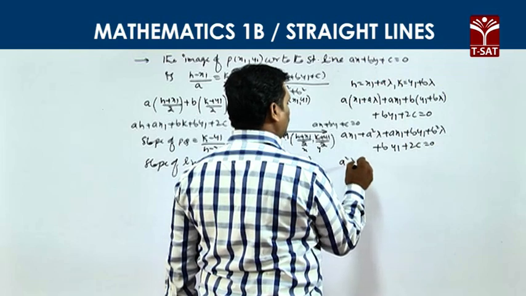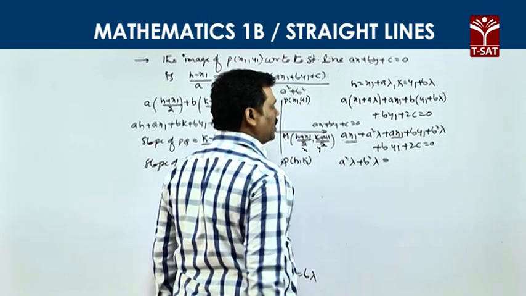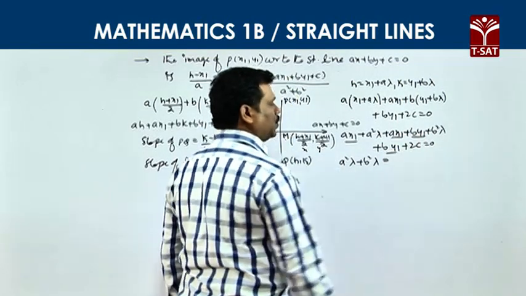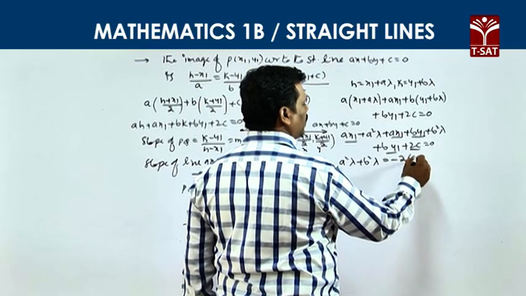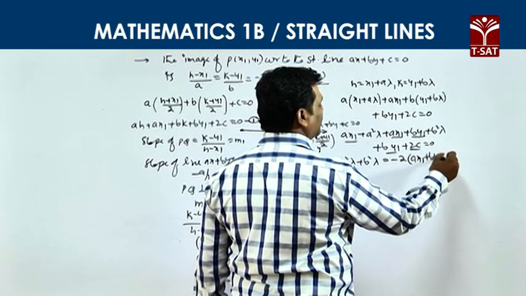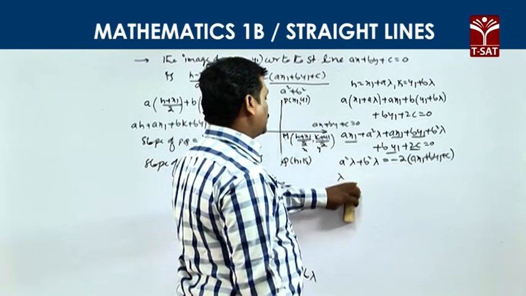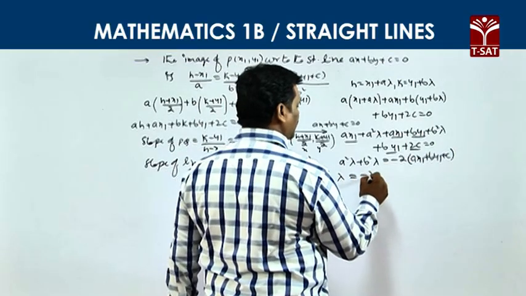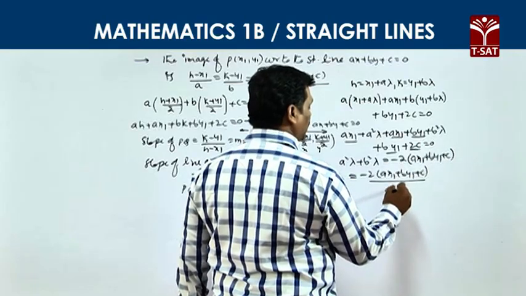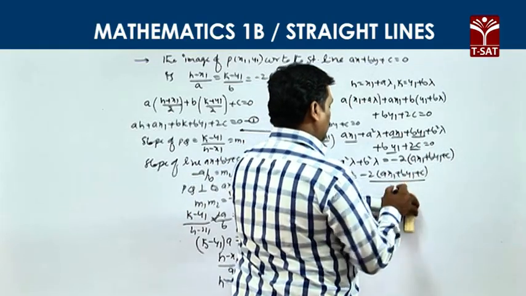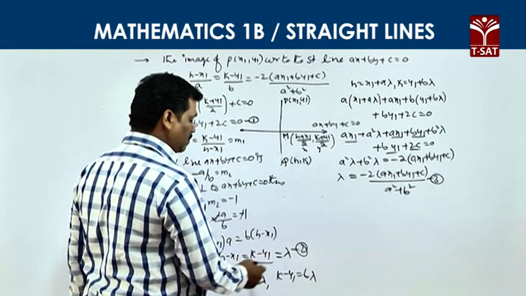So here a²λ + b²λ = -(2ax1 + 2by1 + 2c). The 2c goes to the right hand side, and taking -2 common, a x1 + by1 + c. Taking λ common, a² + b² goes to the right hand side, so λ = -2(ax1 + by1 + c)/(a² + b²). This is equation number 3, and here similar is equation number 2.